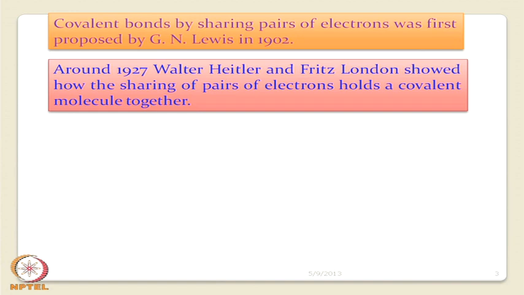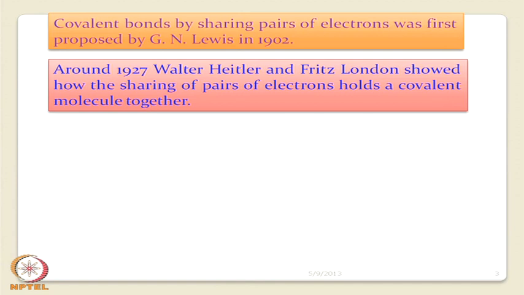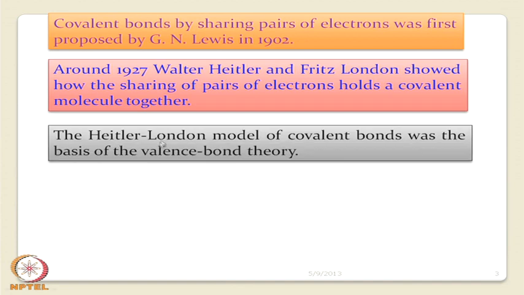Similarly, the formation of the methane molecule as well as the formation of the ML4 species, where we see that one particular M-L bond is forming through the sharing of electrons. So, this model, which is known as the Heitler-London model of covalent bonds, was the formal basis of the valence bond theory in metal complexes.